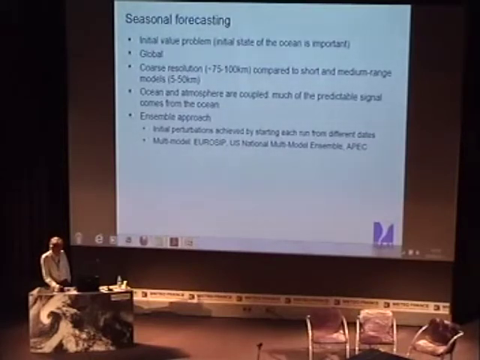And we take an ensemble approach, and preferably a multimodel approach like EuroSIP, also the National Multimodel Ensemble in the US, or in APEC. In this case, you achieve initial perturbations by starting each run from different dates. So it's nothing to do with singular vectors or EDA.